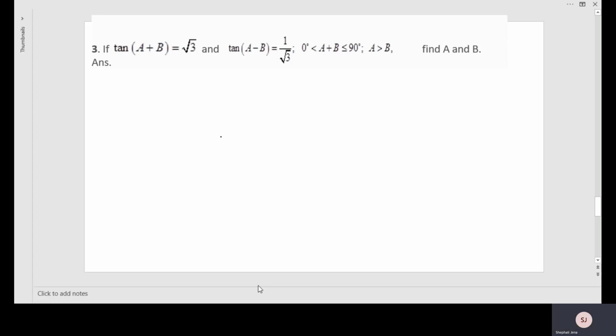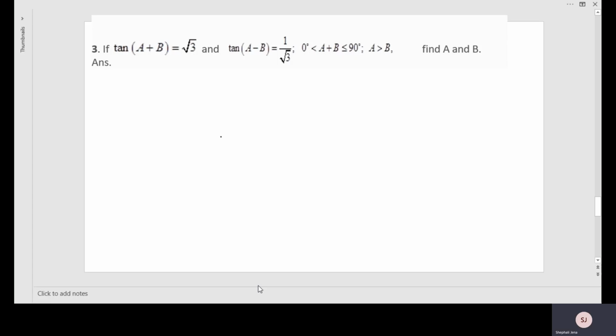So a is greater, b is smaller, and a plus b is given. That means another angle is 90 degree, because in trigonometry we always calculate on a right angled triangle, so always imagine that in mind.